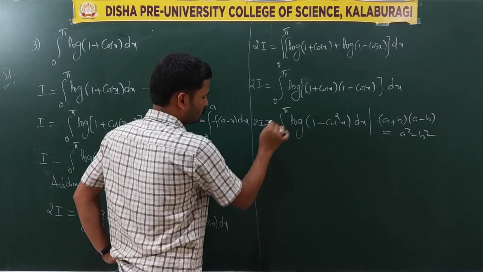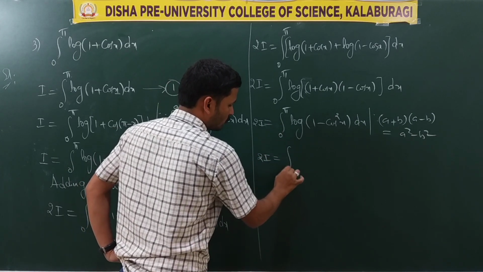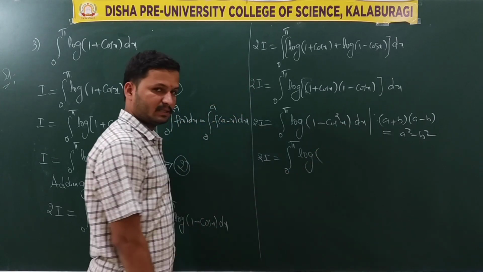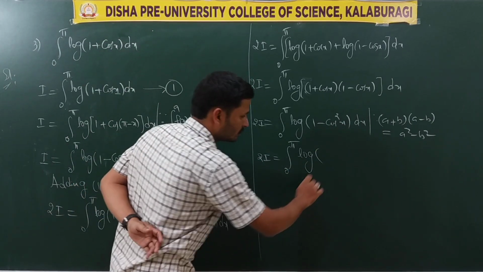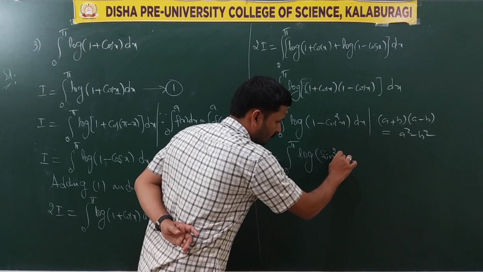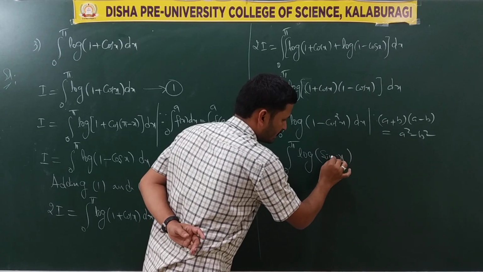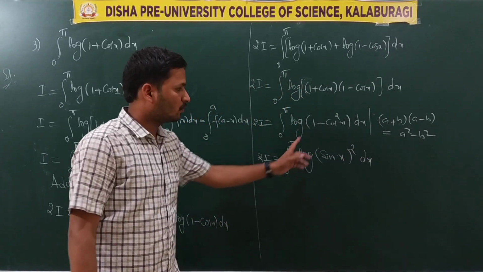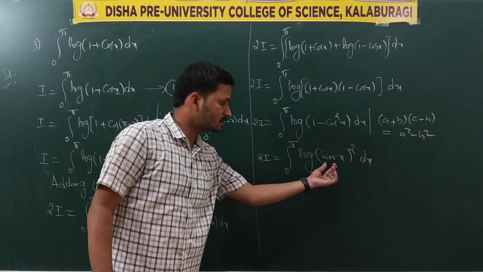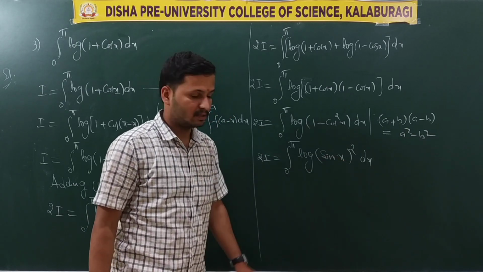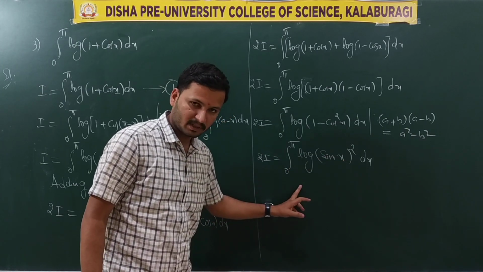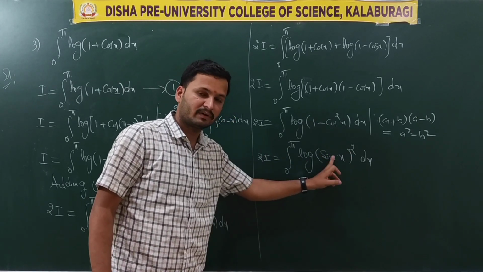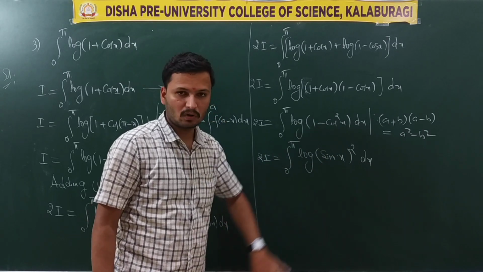So 2I is equal to integral from 0 to pi of log of 1 minus cos square x, and by the trigonometric formula 1 minus cos square x is sin square x, which is sin x whole square. Now again use the logarithmic property: log of m to the power n is n into log m.